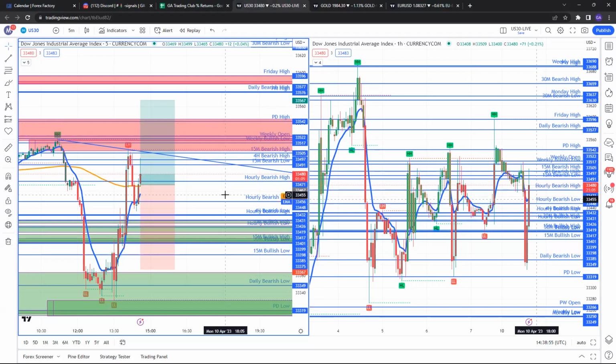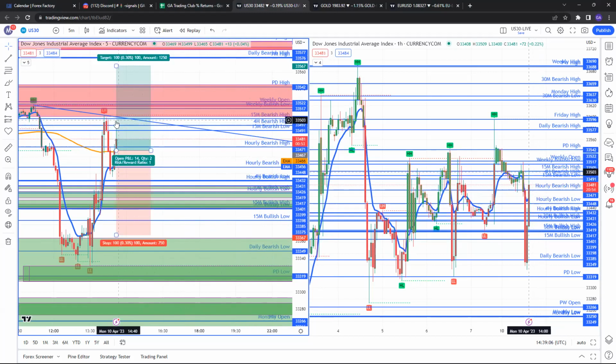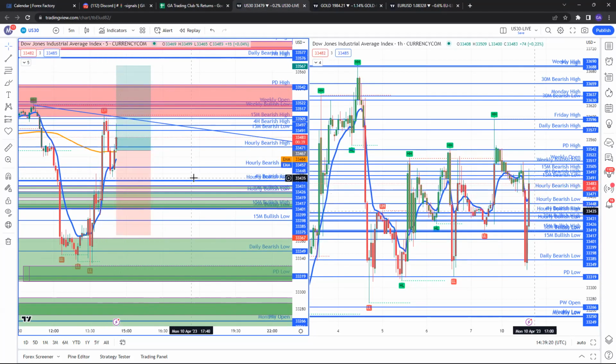Now, for this particular trade, you always also want to check out an exit for your trade, like where you're likely to exit. So keep in mind, what do we have around here? We have a 4-hour bearish high that price is literally rejecting from. We do have an hourly bearish high and an hourly bearish low. So for me to start reconsidering this trade, if price comes back down and closes below this hourly bearish high on the 5-minute, at that point I might start reconsidering or looking to possibly exit this trade.